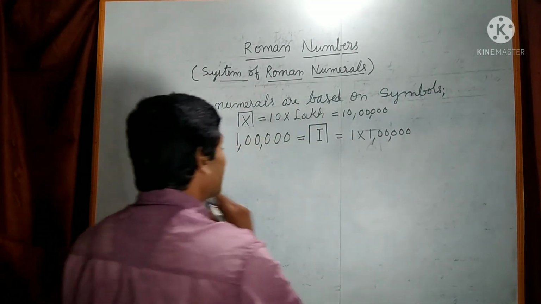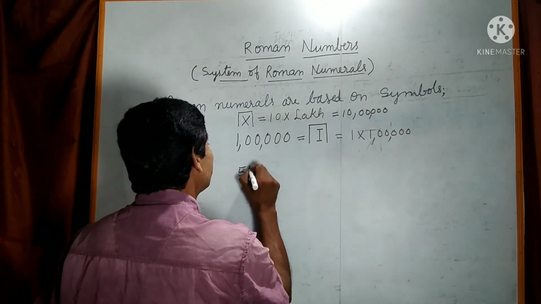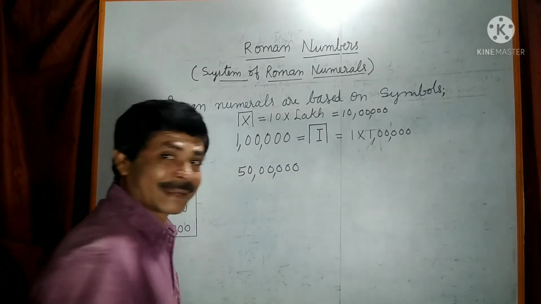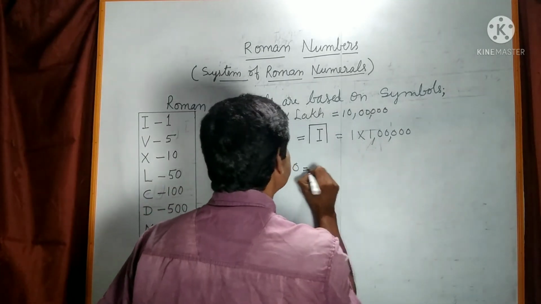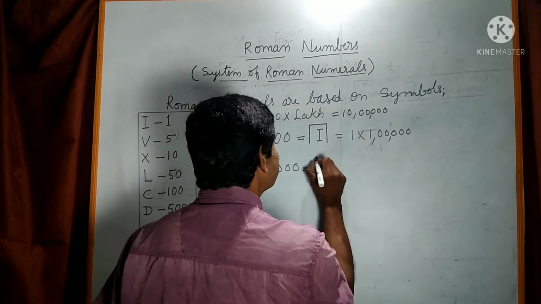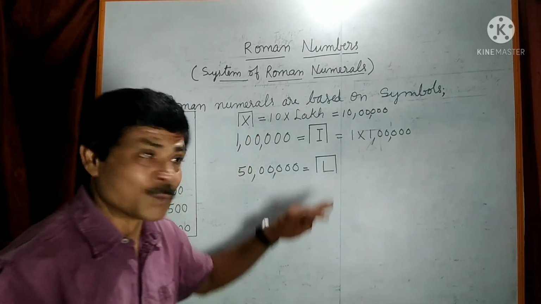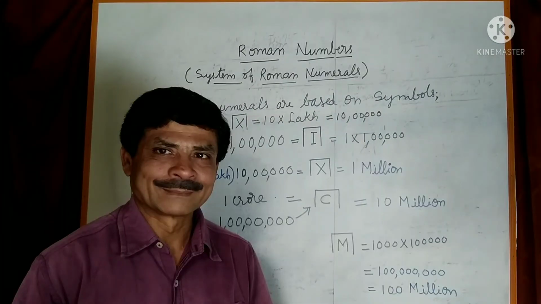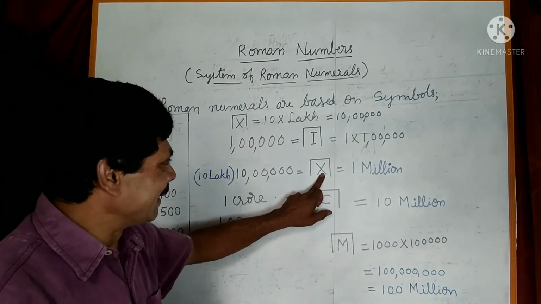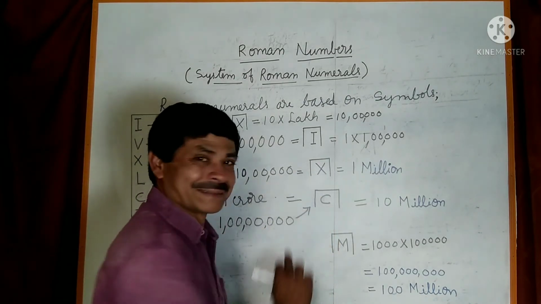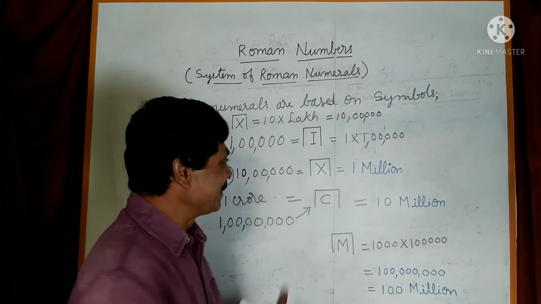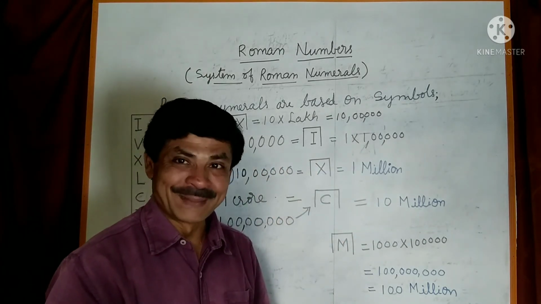How will we write 50 lakh? L is 50 and we cover L with a box open at the bottom. Now let us write 10 lakh. 10 in a box which is open at the bottom means 10 into lakh. That means 10 lakh. 10 lakh is equal to 1 million.